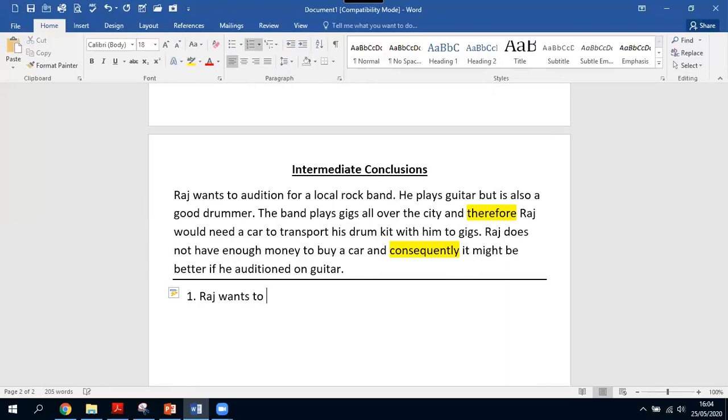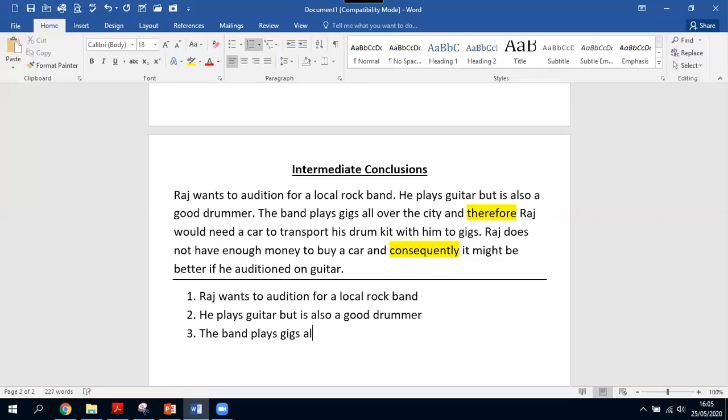Raj wants to audition for a local rock band. He plays guitar, but is also a good drummer. 3, the band plays gigs all over the city.